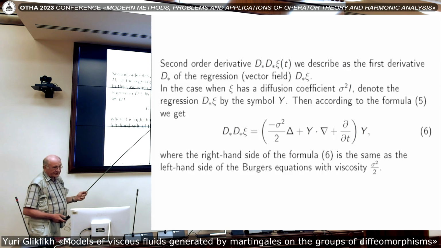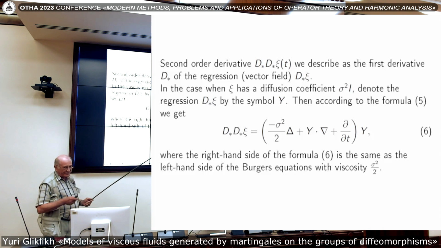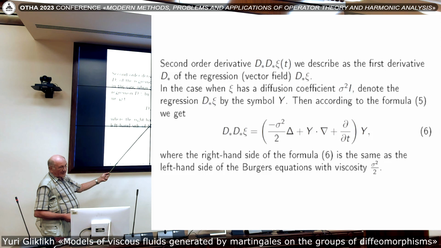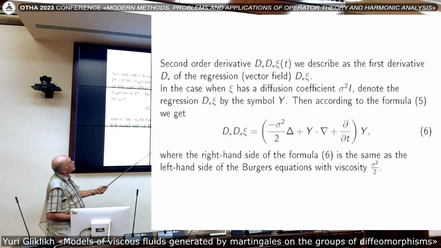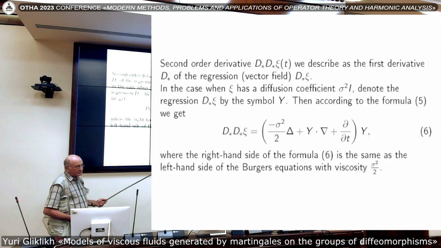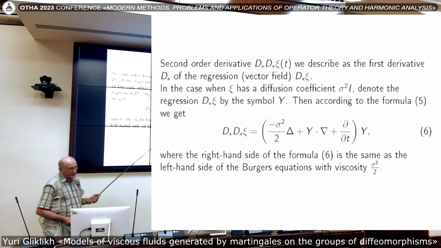Second derivative: we apply a formula for the derivative of the regression along the process and obtain the following formula for a process with unit sigma, multiplied by unit diffusion coefficient.